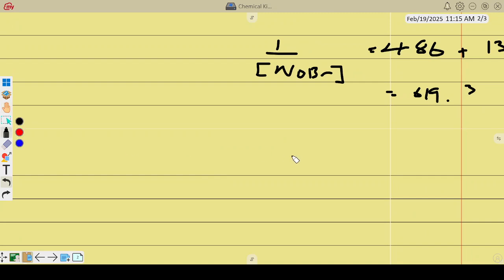So this work isn't looking nice. So I have 1 over this, which is equal to, when we evaluate, 619.3. So you simply cross multiply.